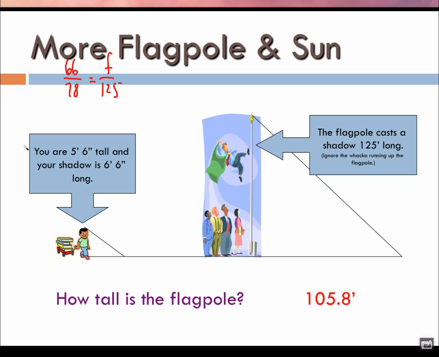Yes. All right. Cross multiply and solve. Wait, like the right way? Solve that proportion. I would prefer that you solve it the right way, yes. Nah. That would be the wrong way.